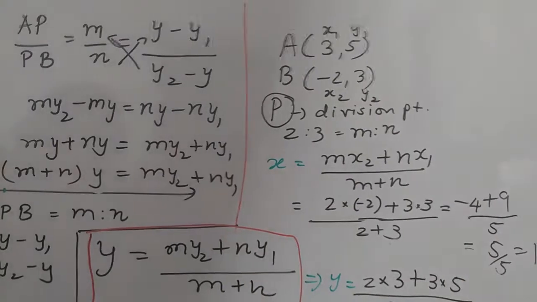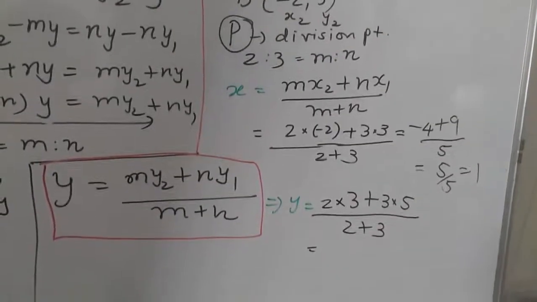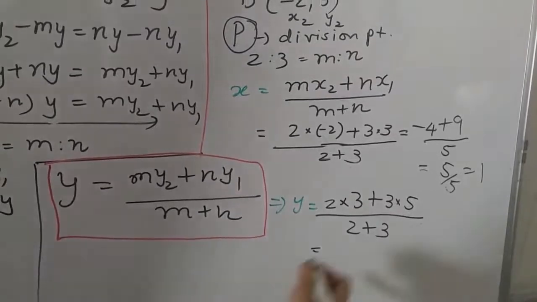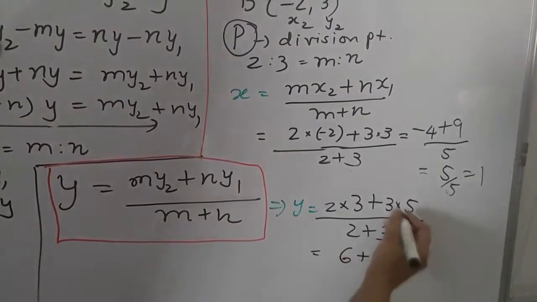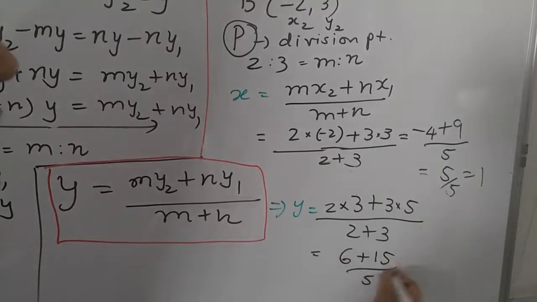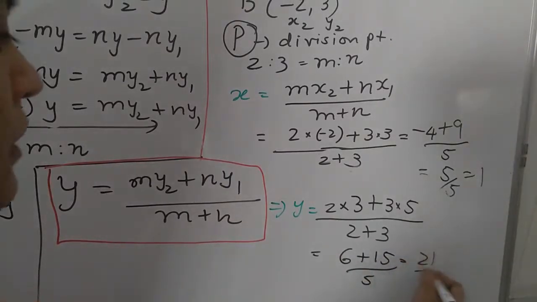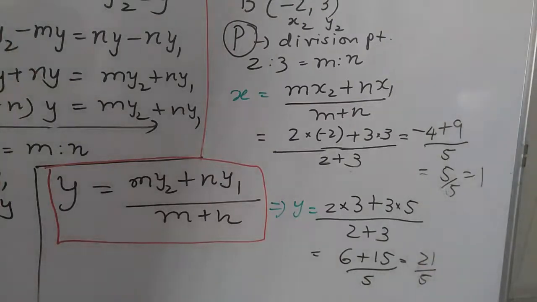This way after substitution we can find out 3 2s are 6 plus 5 3s are 15 upon 5. So 15 plus 6 is 21 upon 5. So this is our final answer, 21 by 5. Okay, so we get both our coordinates here, x coordinate and y coordinate.